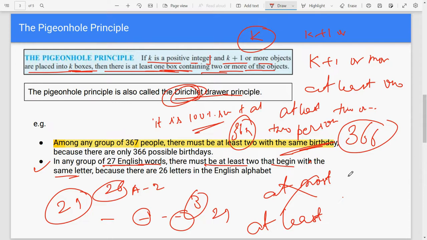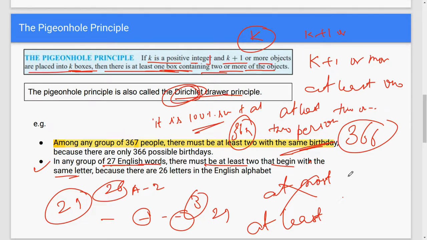How is this true? Obviously, you have 26 alphabets. You choose different words, all different, so you choose 26 different words. But as soon as you pick the 27th word, its first letter is going to match one of the chosen 26 words. That is what I want to tell. This is what it means.